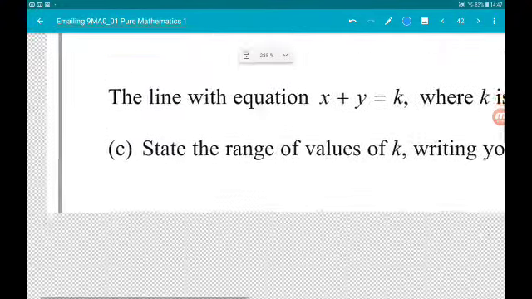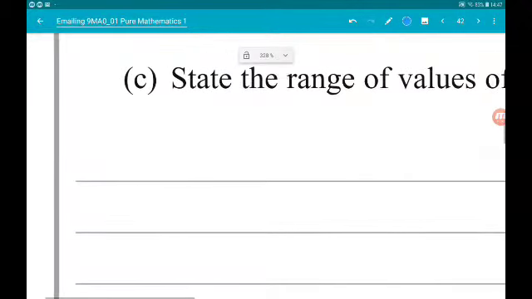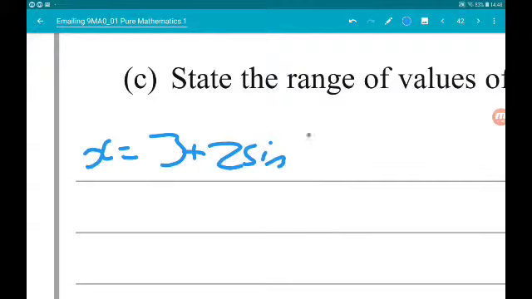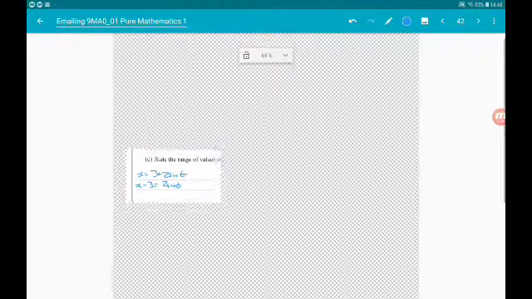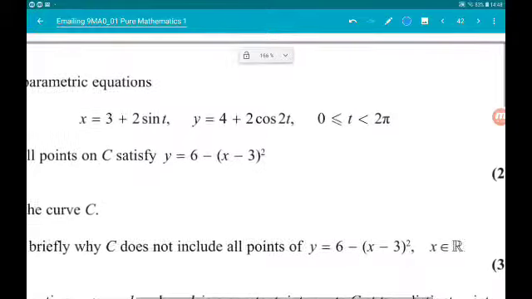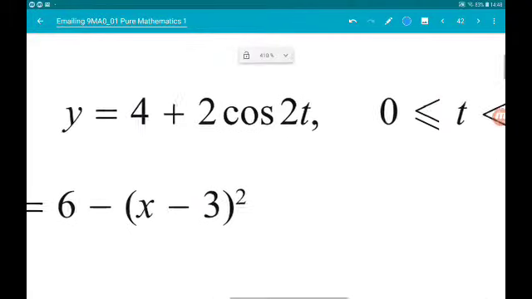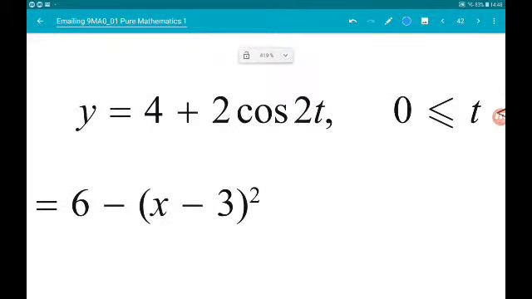Now, we could get then that if x is 3 add 2 sine t, then we can get x minus 3 is equal to 2 sine t. Now, if we also look at what's going on in y, we got 4 add 2 cos of 2t.